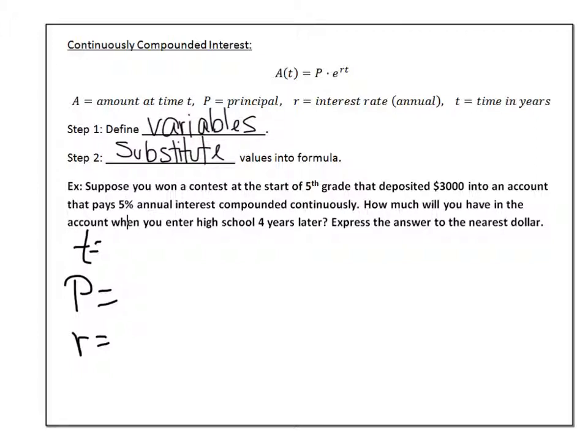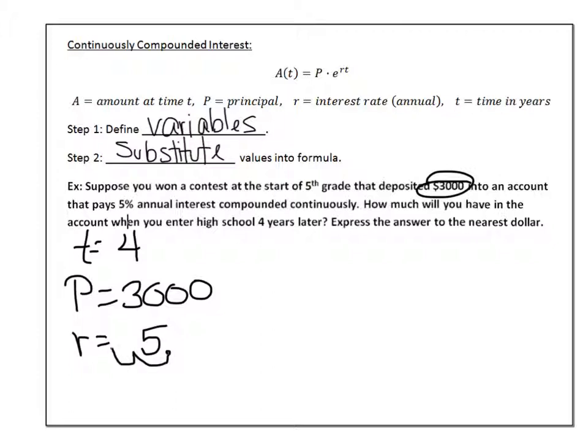So our time here is the 4 years later. The principal, which means the beginning amount, is the 3,000. And our rate here is 5%. We can't put the percent in, so the 5, we move it 2 places to the left.